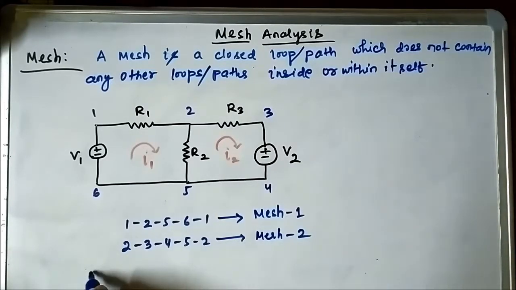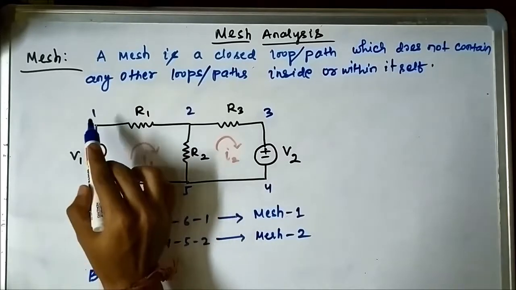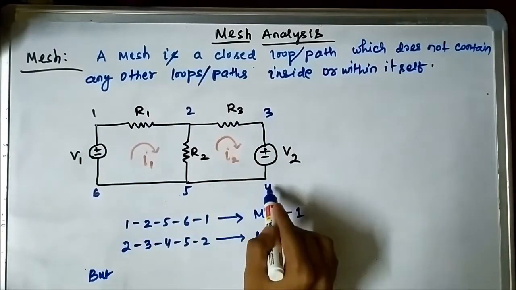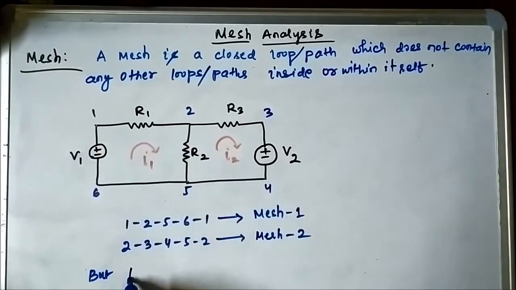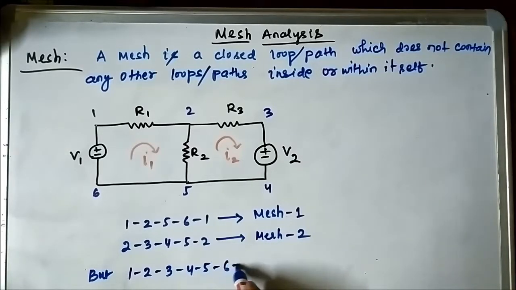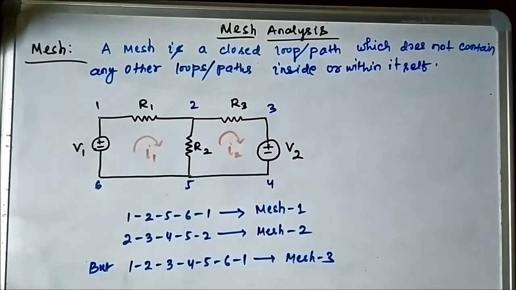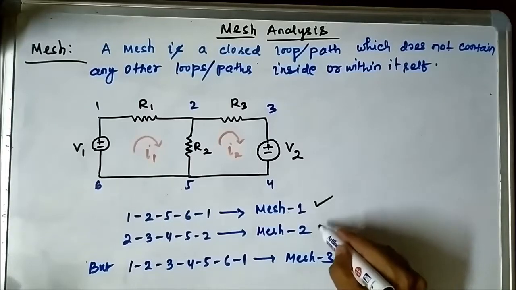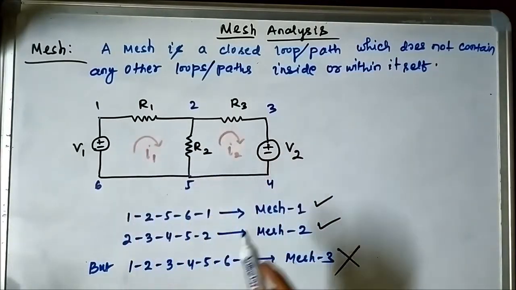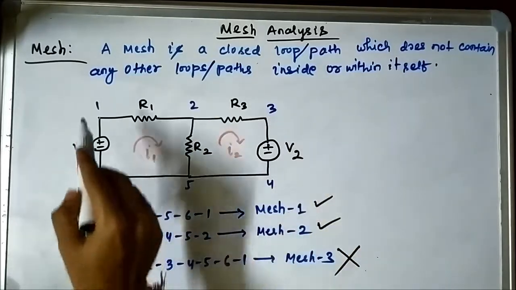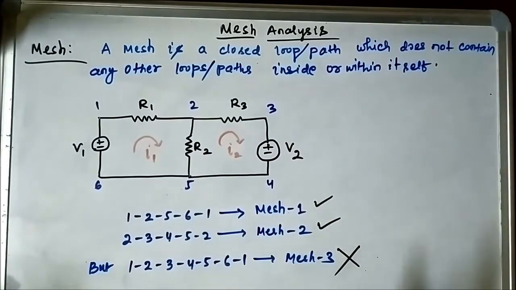But can we call 1, 2, 3, 4, 5, 6 and again 1 a mesh? Let us say mesh number 3. Can we call this entire circuit path a mesh? No, it is wrong. These two are meshes, mesh 1 and mesh 2, but 1, 2, 3, 4, 5, 6, 1 is not a mesh. Why is it not called a mesh?